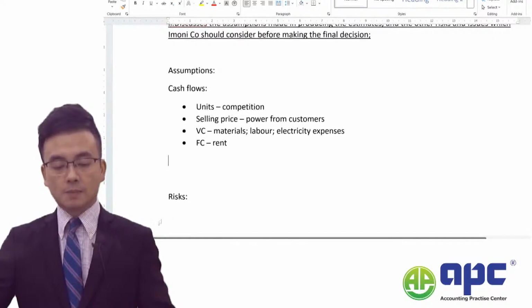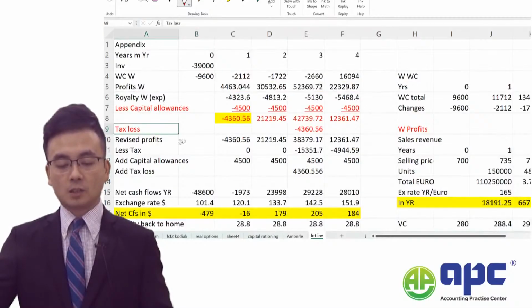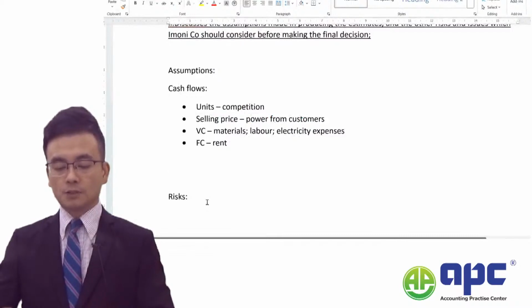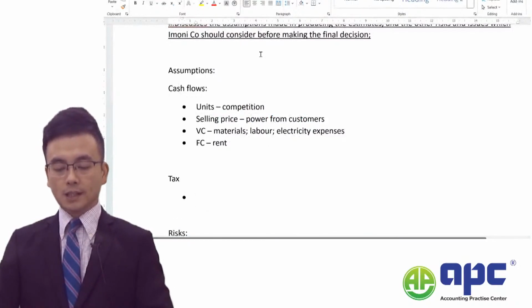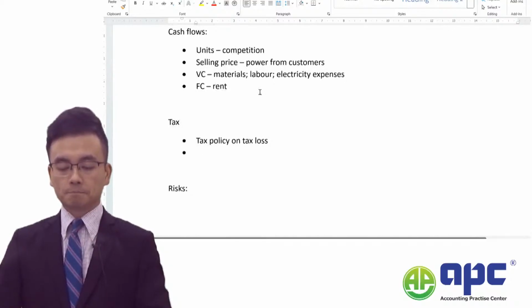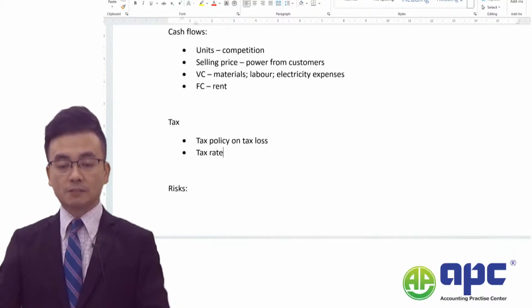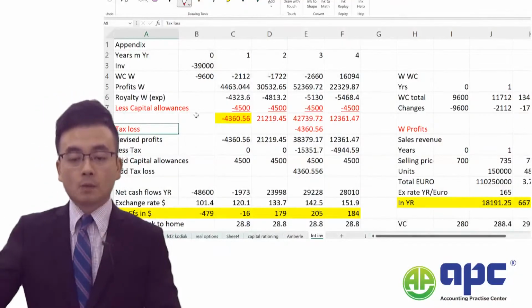At the same time, in our calculations, you can see all these variables. So, for example, that we got the tax loss. The policy may change. For example, in relation to taxes, the tax policy on tax loss carry forwards may change by the government. The tax rate may change by the government. Okay. Now, what else?